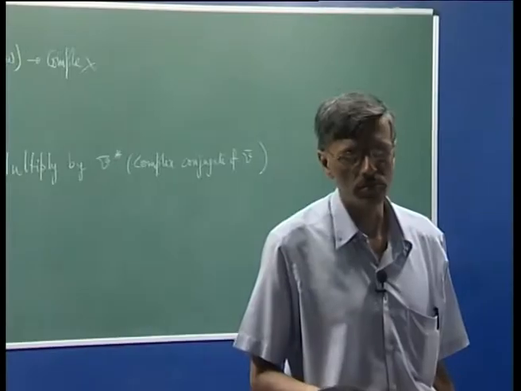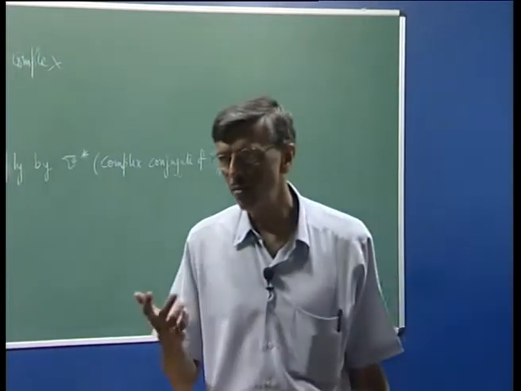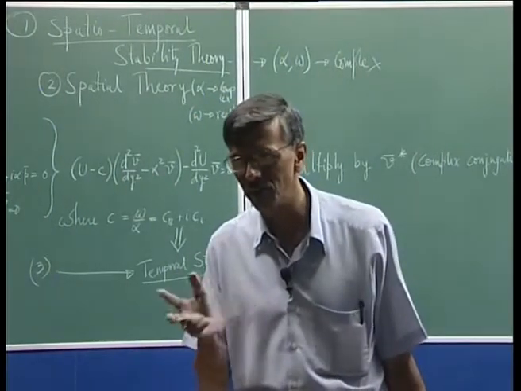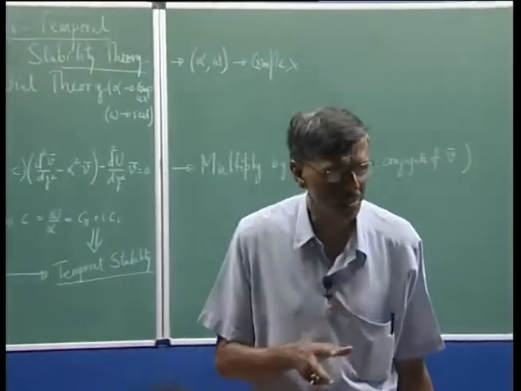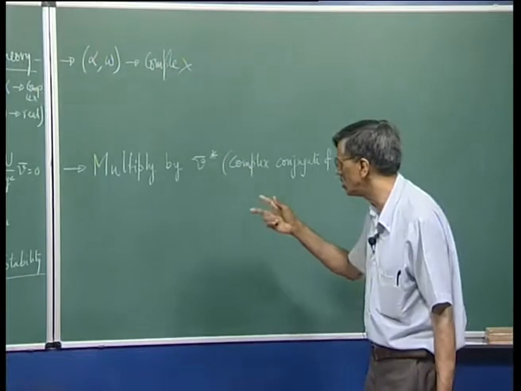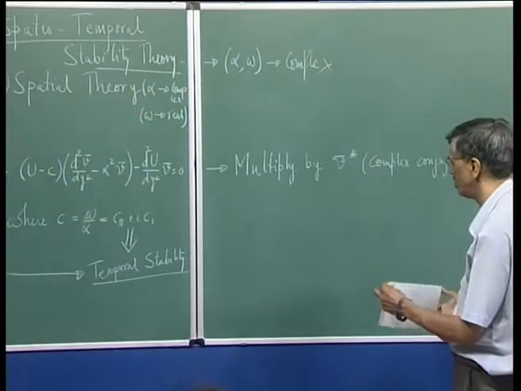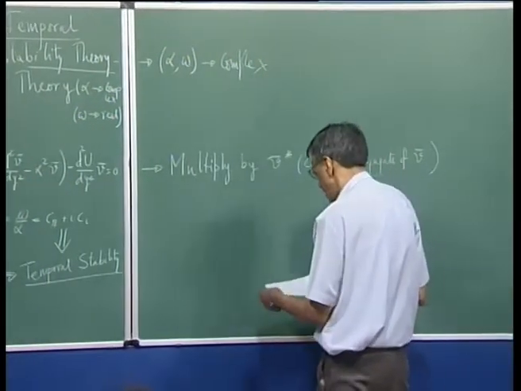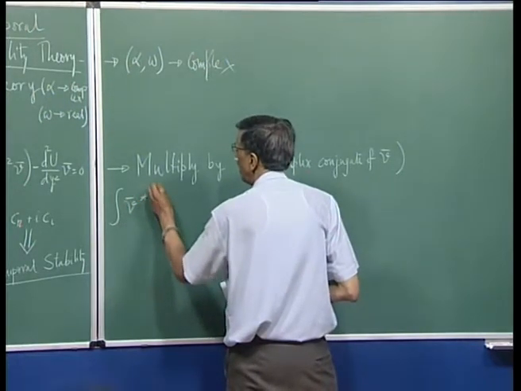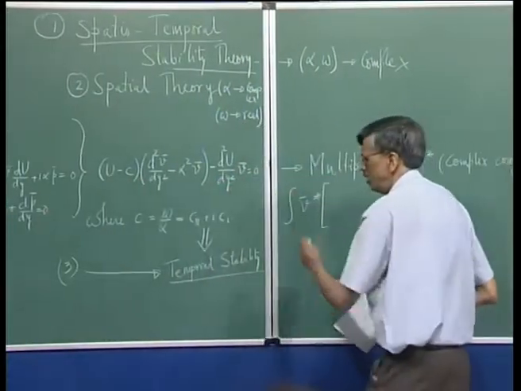What does it achieve for you? Well, if it is complex, then u, v and p will have their own phase, and then it will not be all the same. That is why you will have different values of the relationship between the real and imaginary parts. So, what we are talking about is to take that equation and multiply by its complex conjugate. So, basically we are investigating V bar star multiplied by, I will simply divide this equation by U minus c.